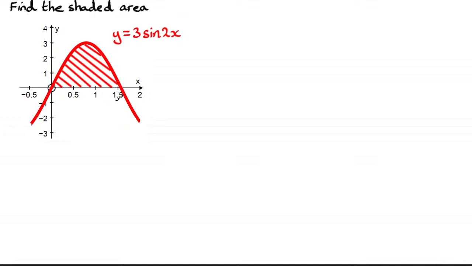What is the exact value there? Anybody? Let us know before we carry on. You're going to need to know that value where it crosses the x-axis. You're going to need to work out an equation there.